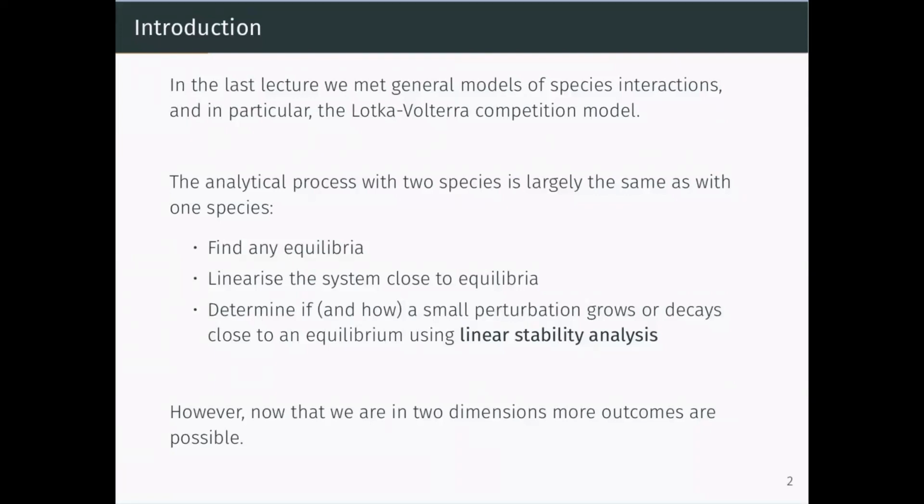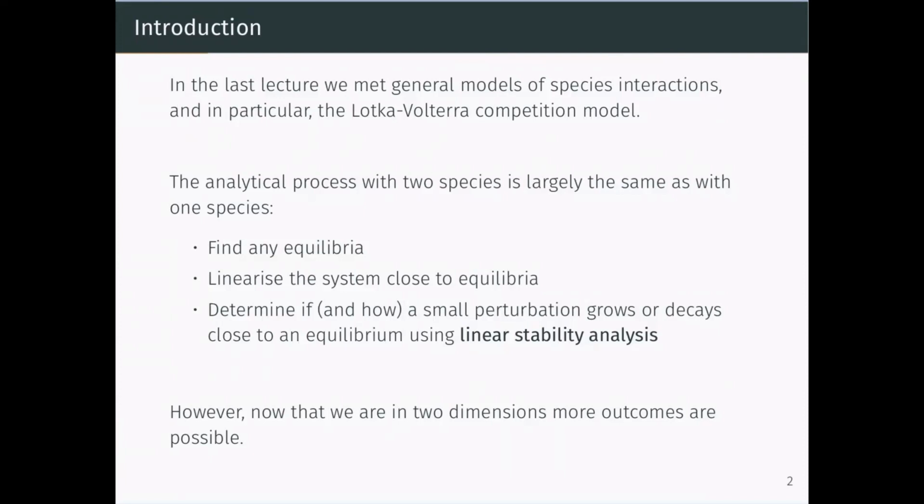We want to take a similar approach that we did in one dimension. We want to linearize the system close to that equilibrium. So, for example, if we have a nonlinear system, we talked before about how if you zoom in close enough on that nonlinear system, just like zooming in on the surface of the Earth, if you zoom in enough, everything starts to look linear.